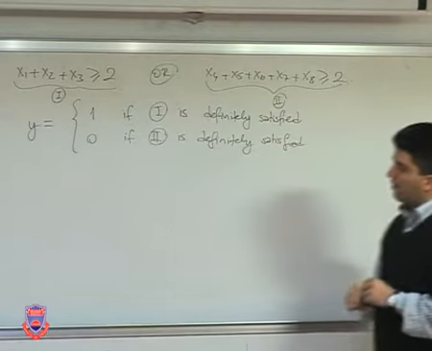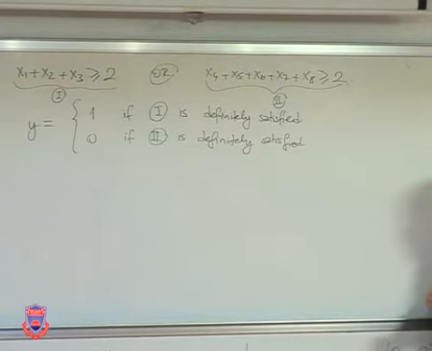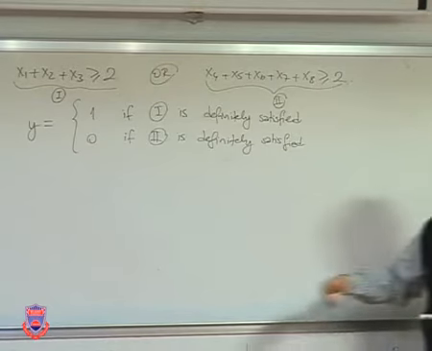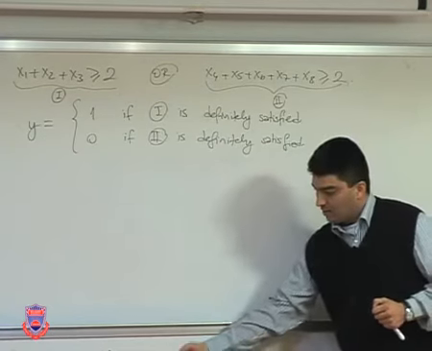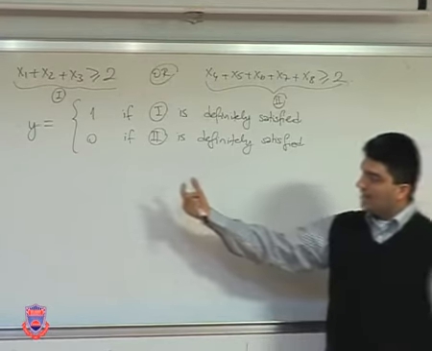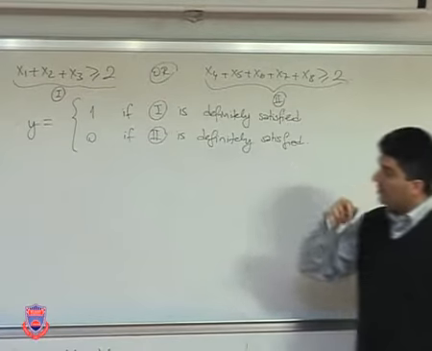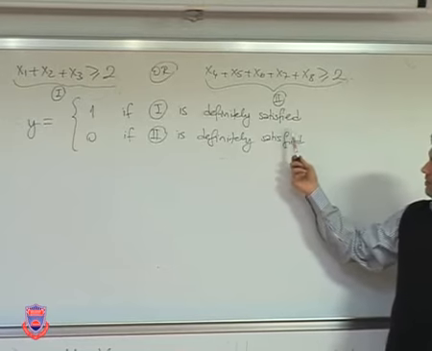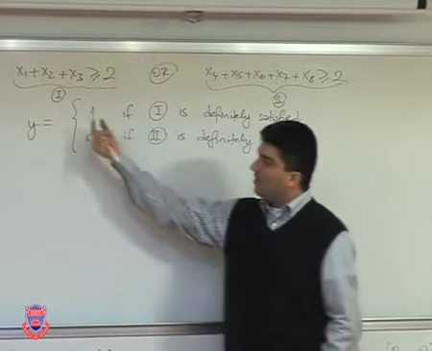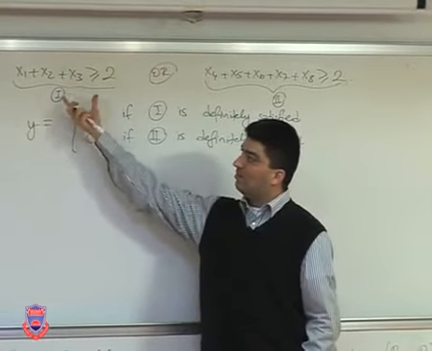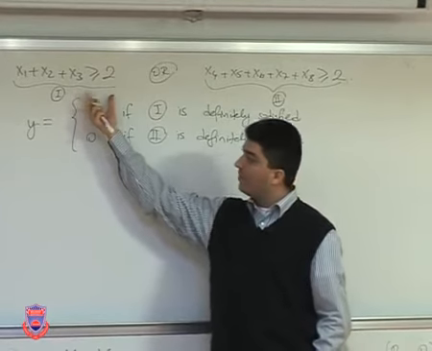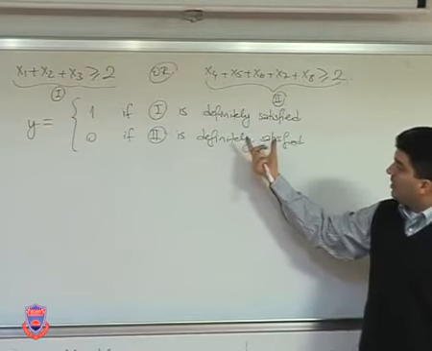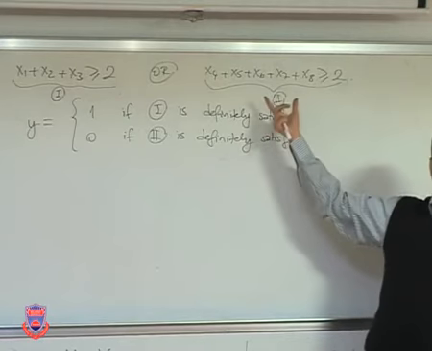Now let me try to explain what this means. In addition to my xj's, x1 through x10, I'm defining yet another binary variable, which I'm calling y. I'm going to set it equal to 1 if 1 is definitely satisfied. What does definitely satisfied mean? My variables make sure that this constraint will be satisfied. y will be equal to 0 if I make sure that the second constraint is satisfied.